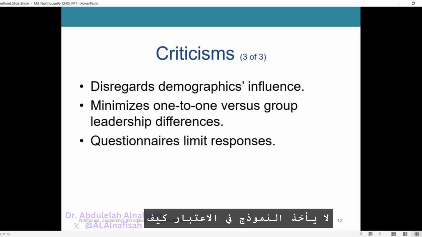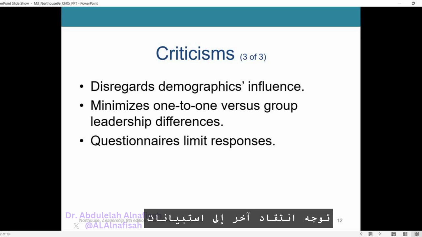Additionally, the model does not account for how demographic characteristics such as education, experience, age, and gender influence leader-follower prescriptions. The model's practical application is also questioned concerning whether it operates at the individual, dyadic, or group level of analysis, and how leaders should adapt their styles to match the overall group's development level or individual members' levels.